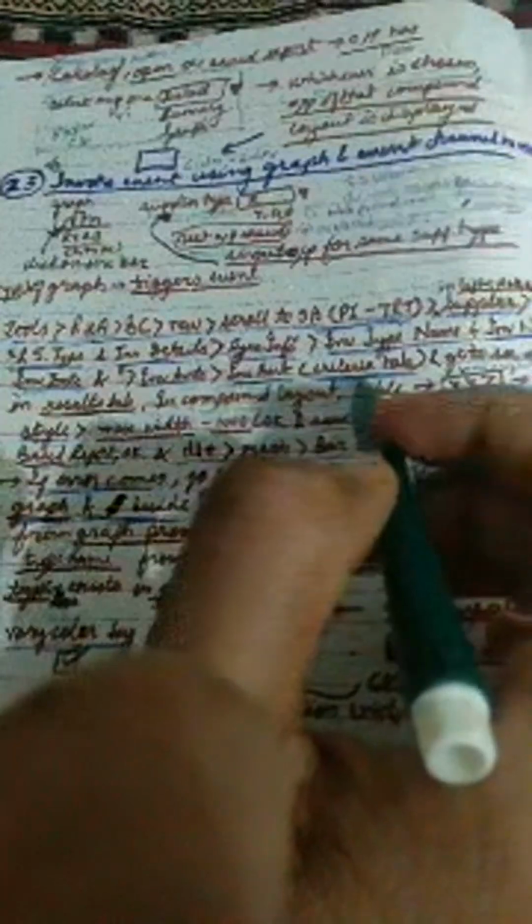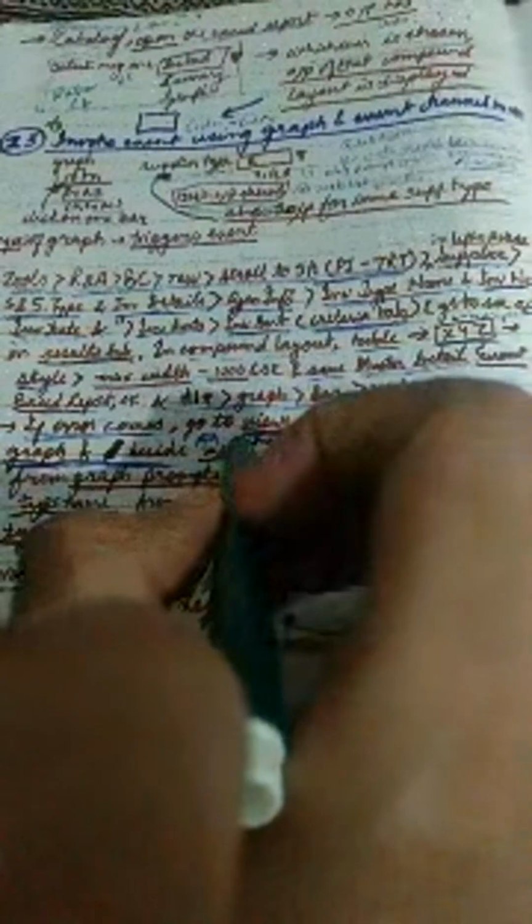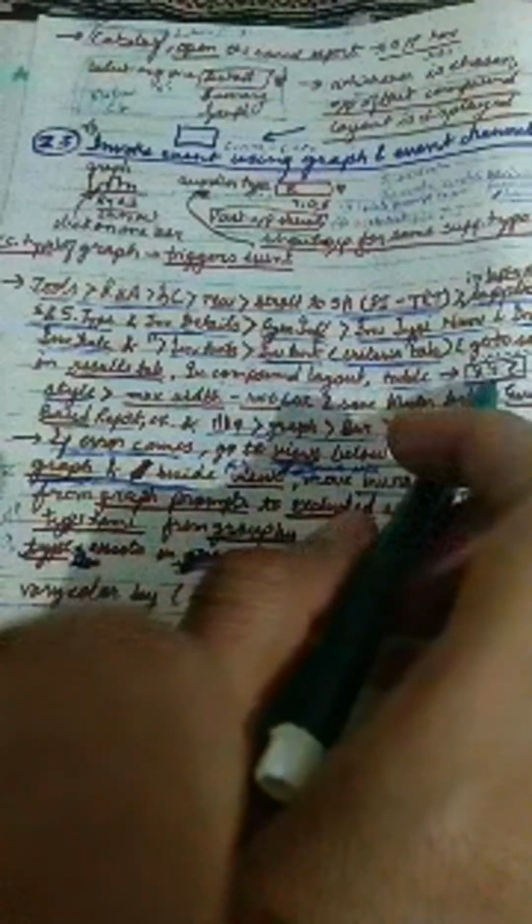Now this is all done in the criteria tab. Afterwards, to see the output you have to go to the results tab. In the results tab, beside table you have view properties.